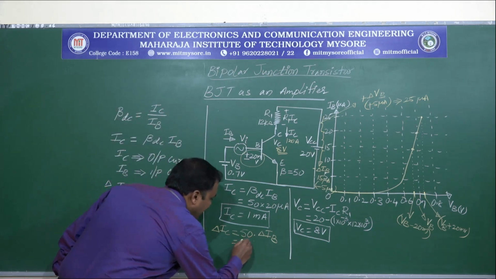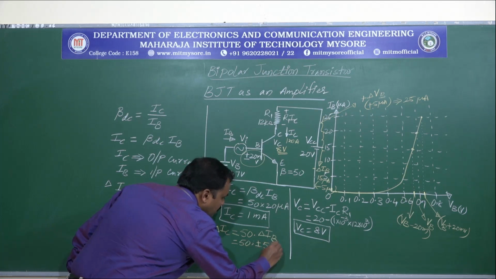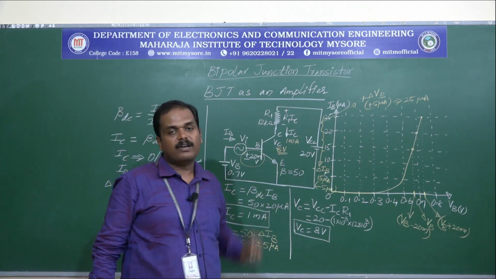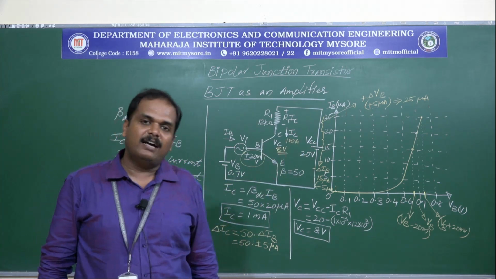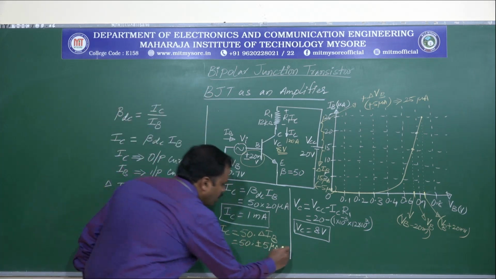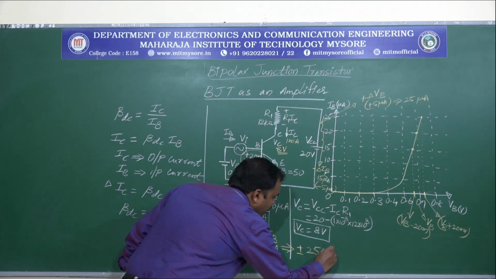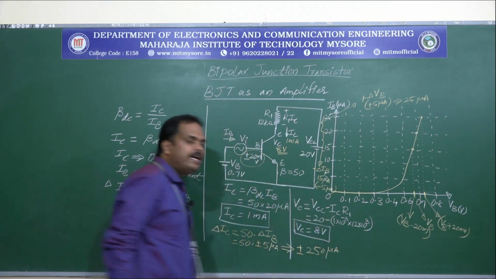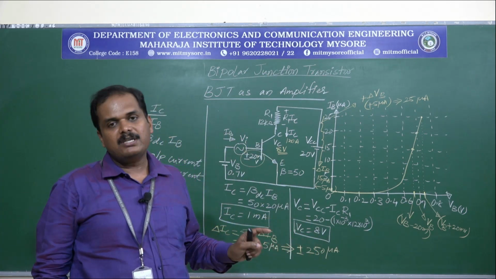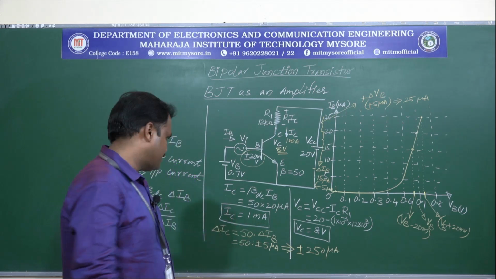So 50 into plus or minus 5 microamperes, which is read from the given data. This will cause plus or minus 250 microamperes, or plus or minus 0.25 milliamperes.